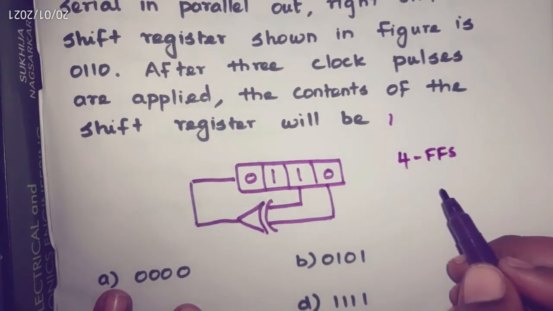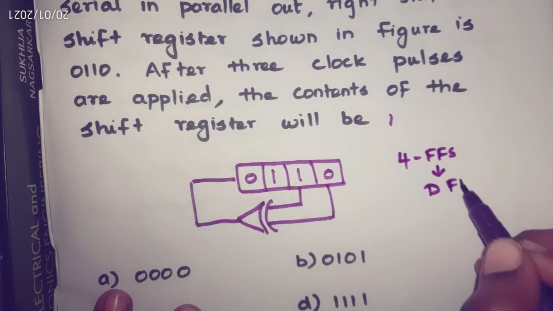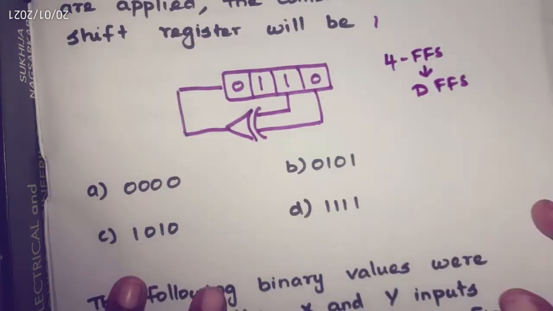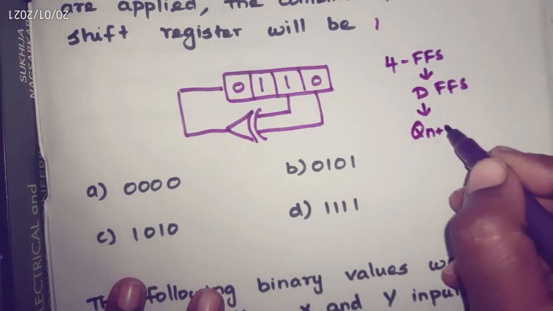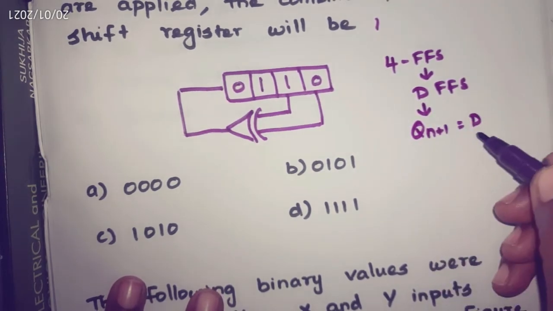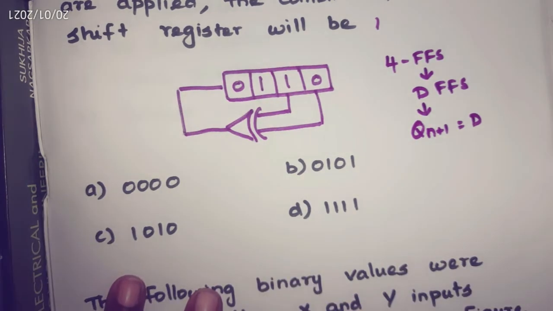And in a shift register, the flip-flops used are D flip-flops. And in a D flip-flop, the output is equal to the input. What is given in the input will appear at the output. So Q n plus 1 is equal to D.